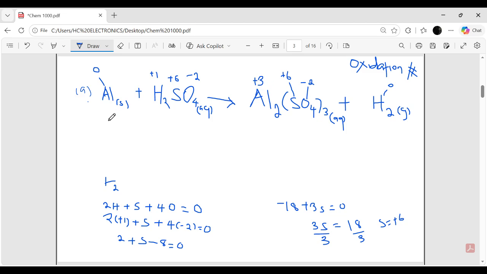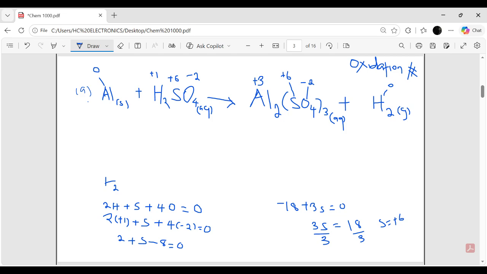Now, don't forget this: oxidation and reduction can be defined on several bases. Number one, oxidation is an increase in the oxidation number or state. Number two, oxidation is the gain of oxygen in a reaction.